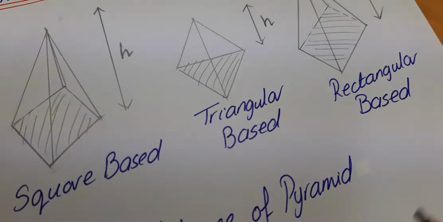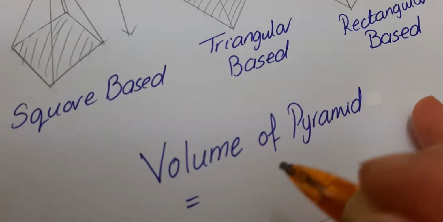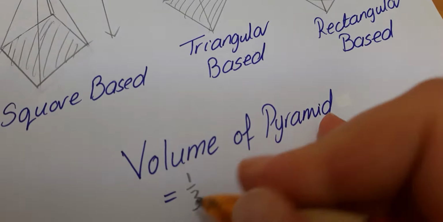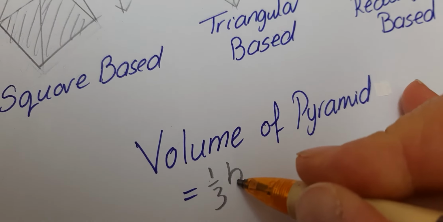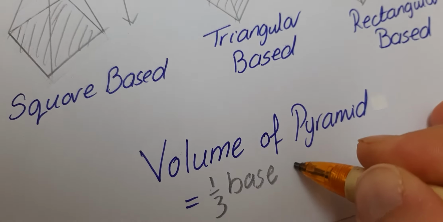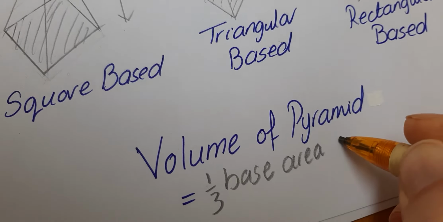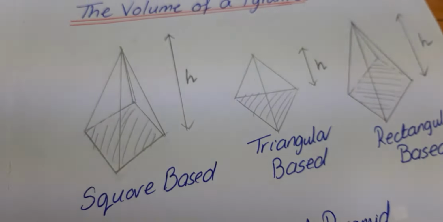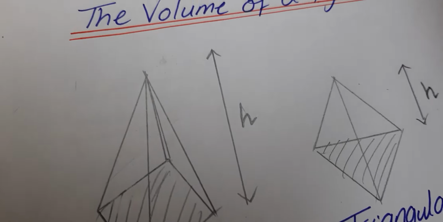Okay, so the volume of a pyramid is exactly the same formula, or the same method, 1/3 of the base area times the vertical height. Okay, now, where does this formula come from?